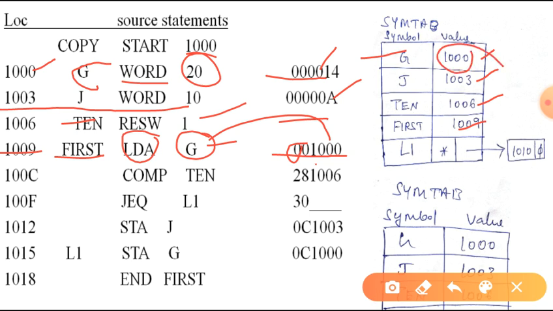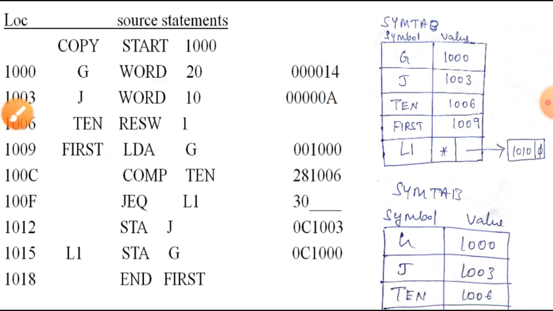As and when these object codes are generated, they will be stored in the memory for the execution. Continuing with this, compare 10. So 10 will be replaced by 1006, and the comparison instruction will be replaced by 28.